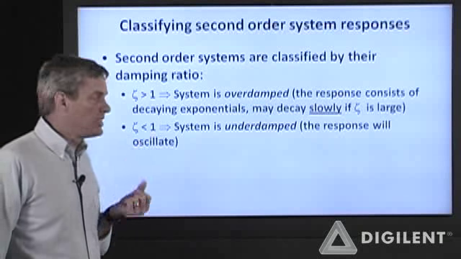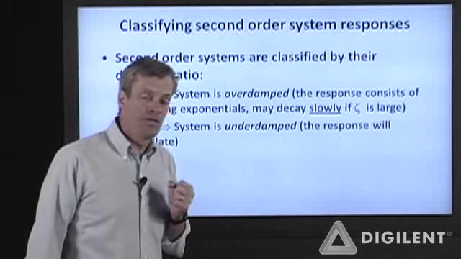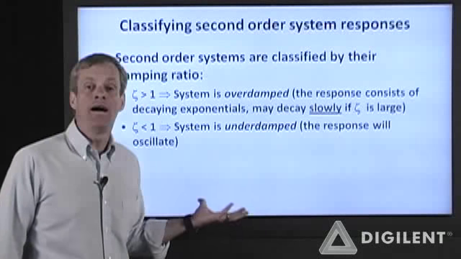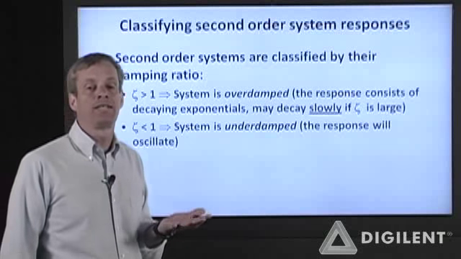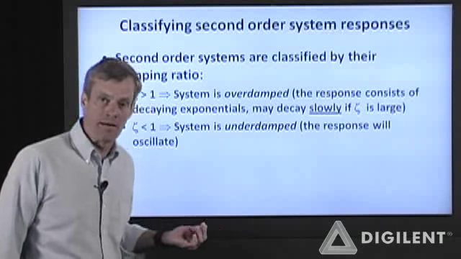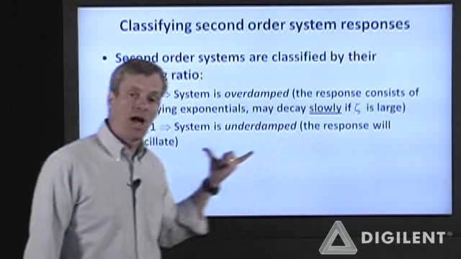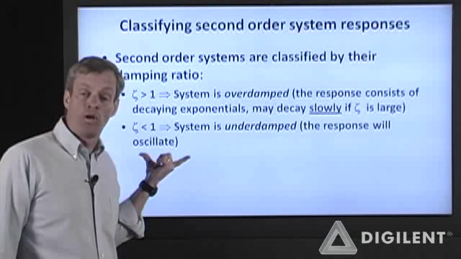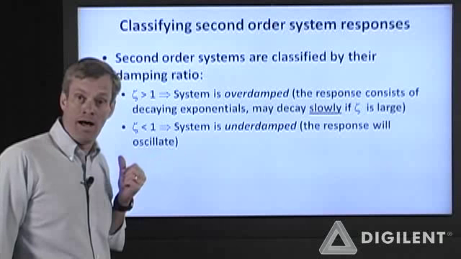If the damping ratio is less than 1, the system is said to be underdamped. In that case, inside the square brackets, we had complex exponentials which correspond to signals that oscillate with time. So the response is going to oscillate. As I mentioned earlier, sometimes second-order systems will overshoot when they respond.